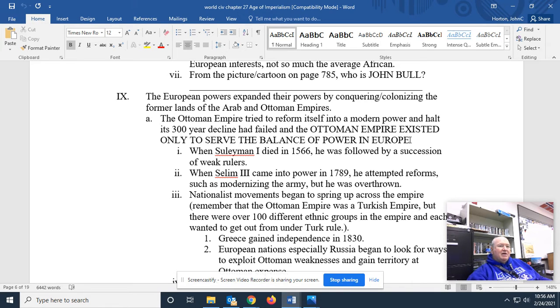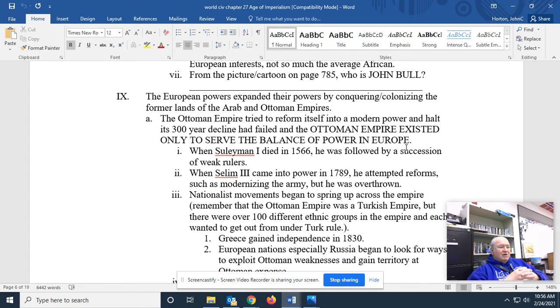You say, well, what does that mean? It simply means this. The Ottoman Empire was a declining empire. It was weak. It couldn't even defend itself from an invasion by any of the other European powers.